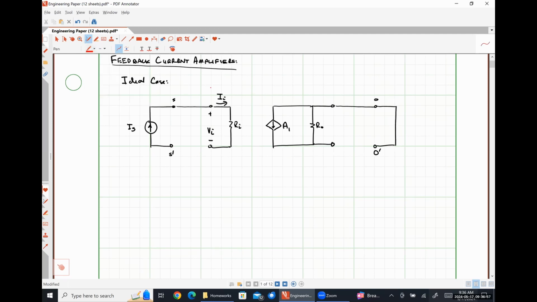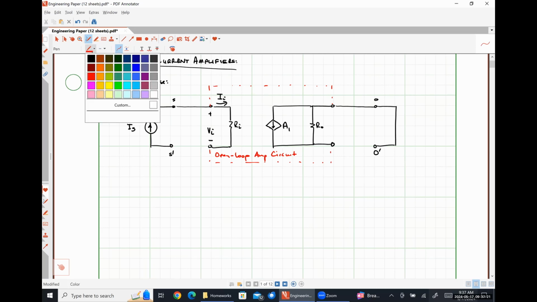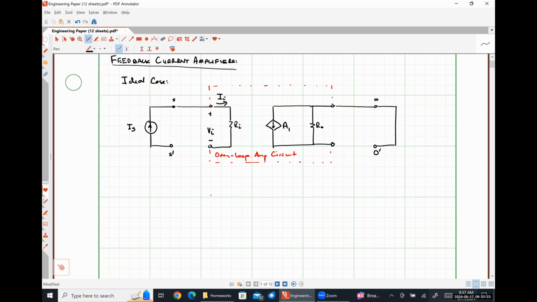Box around things here. Down here will be my feedback network.